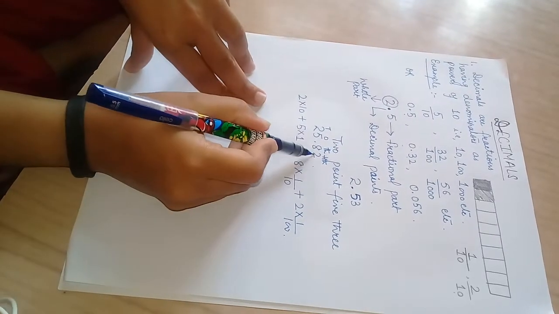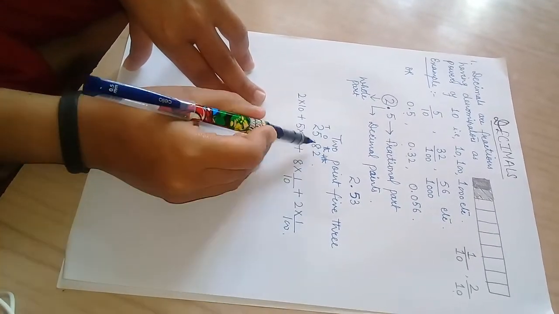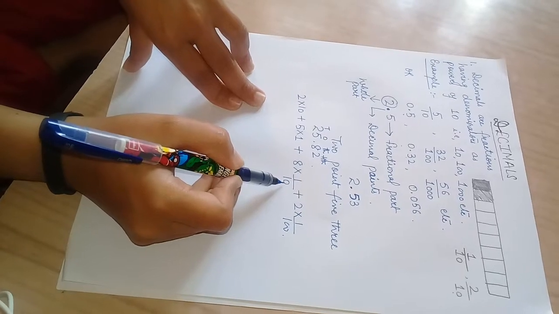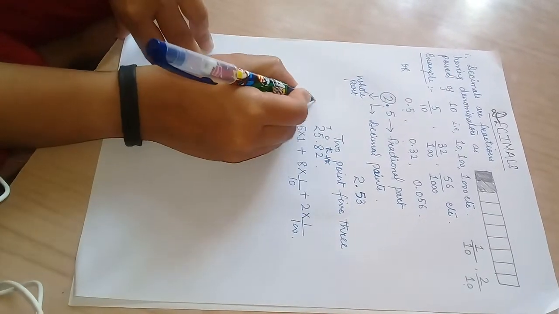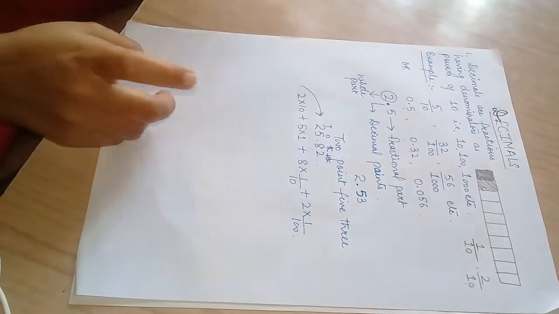Here 2 is at the hundredths place, 8 is at the tenths place, and after combining all these we get the same result.